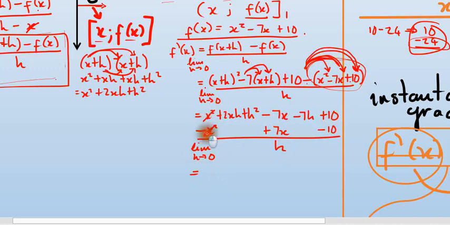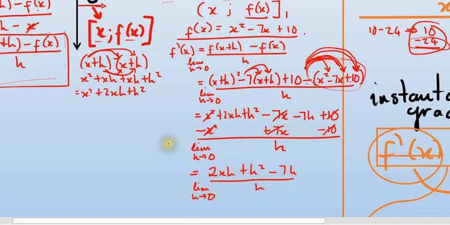This cancels that, and this cancels that, and this cancels that. What are you left with? You're left with 2xh plus h squared minus 7h divided by an h. The limit h is still approaching 0.